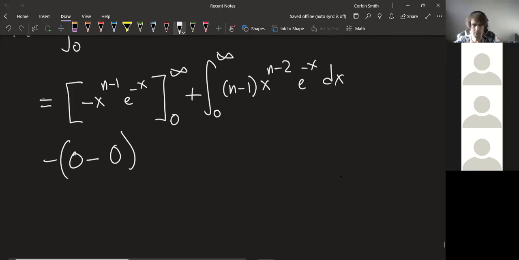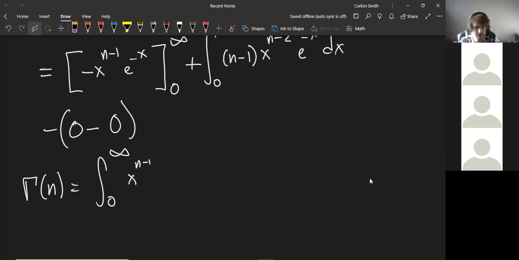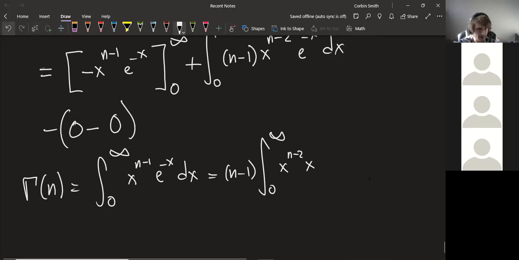So what we have shown is that gamma of n, which is equal to, let me just state it again, this integral of x to the n minus 1 e to the minus x dx, is equal to n minus 1 times the integral from 0 to infinity of x to the n minus 2 e to the minus x dx.